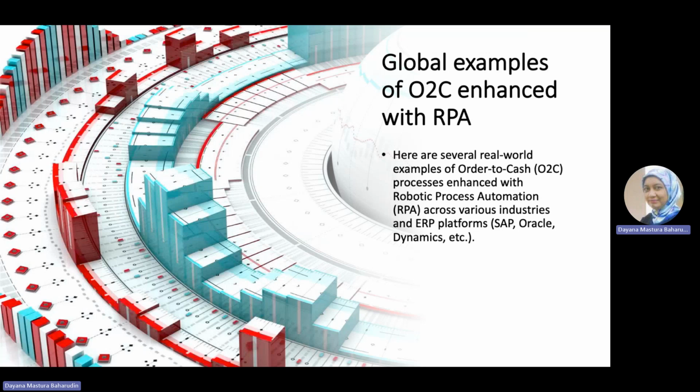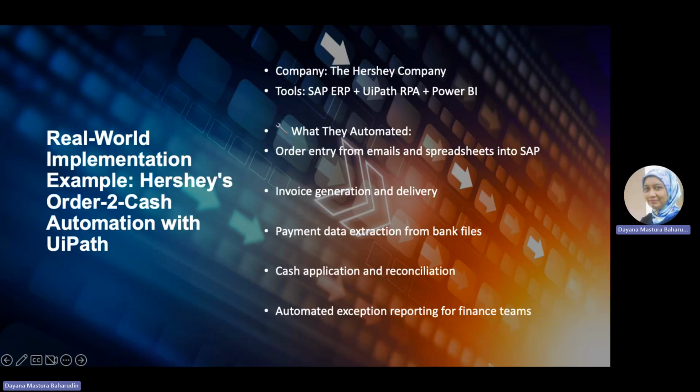Okay, now we're going to look at global examples of O2C enhanced with RPA. We have several real examples here. The first one is a real implementation with Hershey's: order-to-cash automation with UiPath.